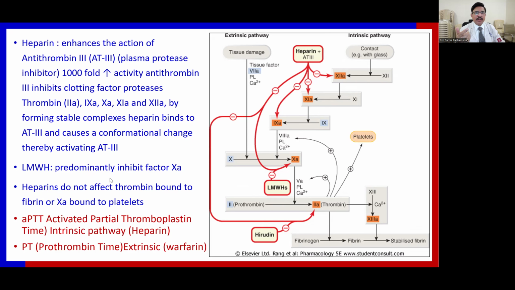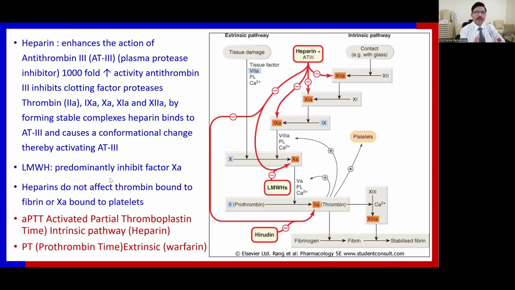Where does it go and catch? It gets bound to the activated thrombin. 2A is bound, likewise 11A is bound, 10A is bound, 9A is bound, 12A is bound. Everything in the intrinsic factor pathway is attached by this heparin. You understand? Heparin goes and binds. It is a protein, a polypeptide, what you are giving.